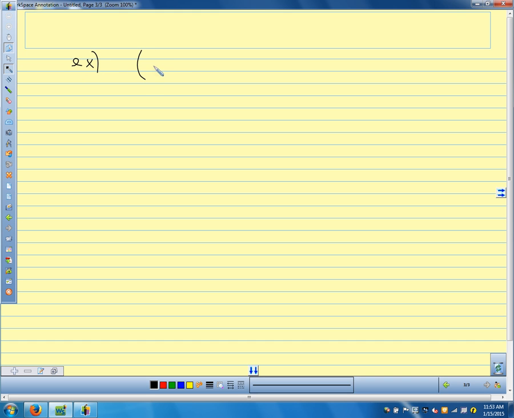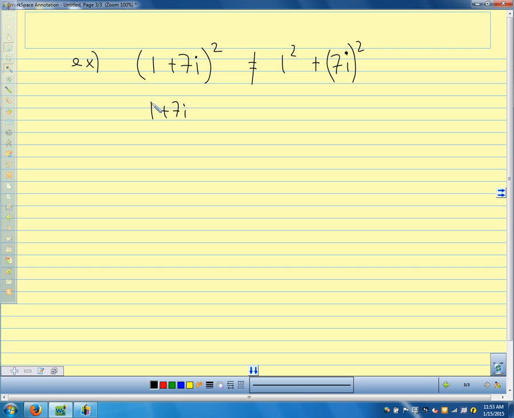So if I have 1 plus 7i squared, tell me if I'm right or wrong. Is this 1 squared plus 7i squared? No? FOIL, I only have one thing. No? This is telling us to multiply it by itself, right? 1 plus 7i times 1 plus 7i.